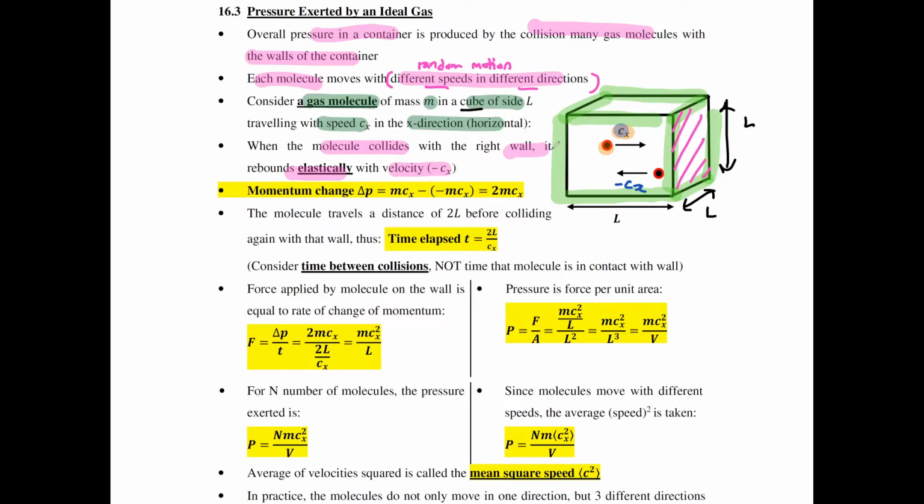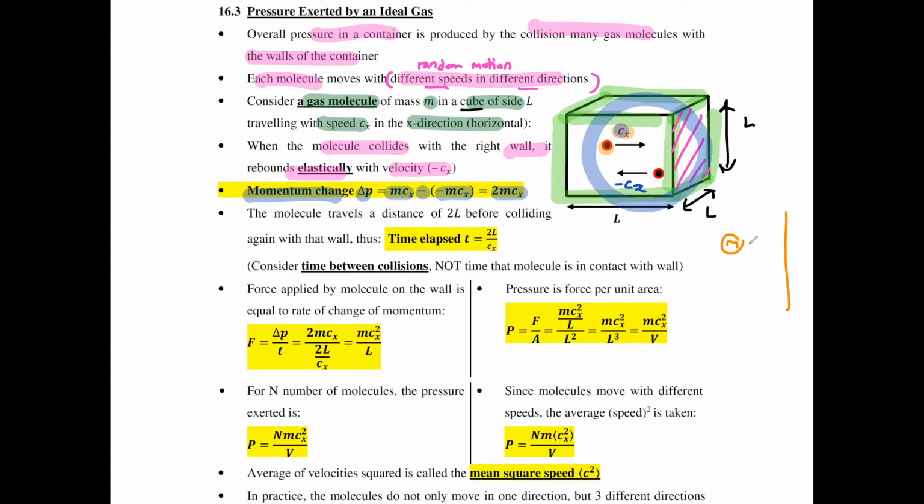Now, what we're interested to find out from here is the momentum change caused by the gas molecule itself. Our momentum change here, delta P, is mcx minus negative mcx, giving you 2mcx. Remember, this little case is very similar to something that you had done in AS physics when learning about momentum.